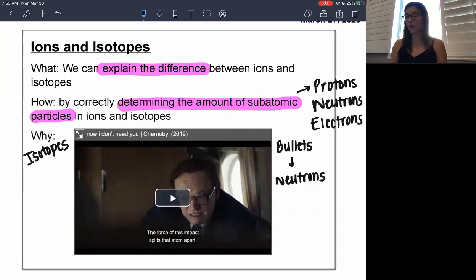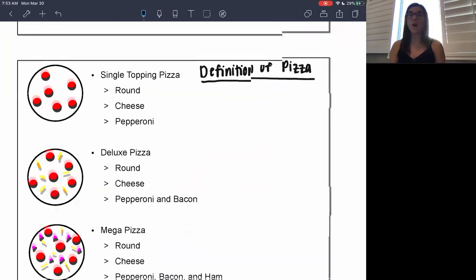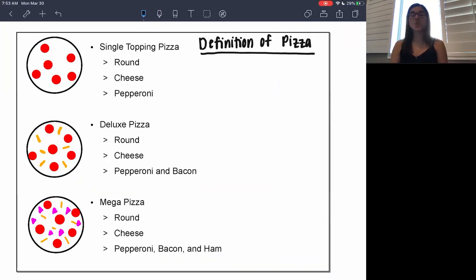So we're going to move on, and we're going to start with an analogy about pizza that's going to help us understand isotopes. So our goal is to look at these three different pizzas and try to come up with a definition for what is a pizza. So I've got a single topping pizza, a deluxe pizza, and a mega pizza. I'm going to look and see what these things have in common. So the single topping is round, has cheese and pepperoni.